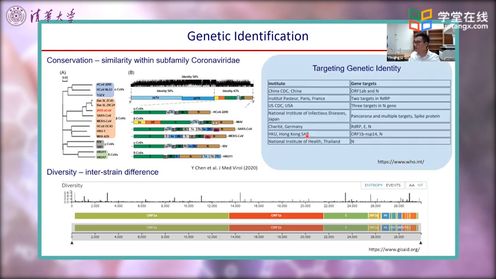And so different countries have designed their own guidance for genetic detection based on this principle. For example, the China CDC has advised the use of a small fragment within the ORF1ab gene and the N gene, and to test their presence in order to detect the virus.